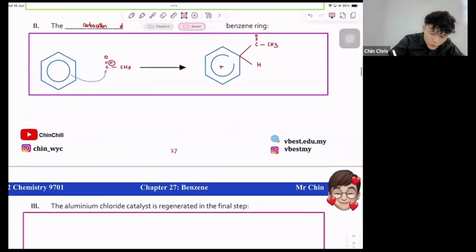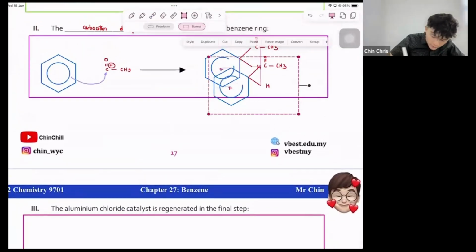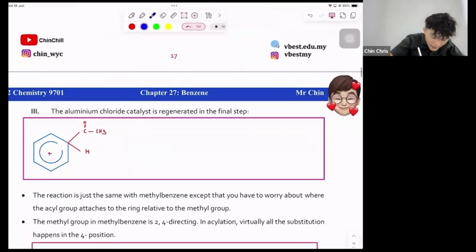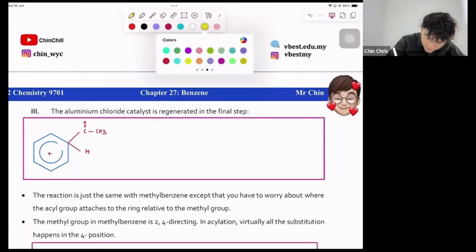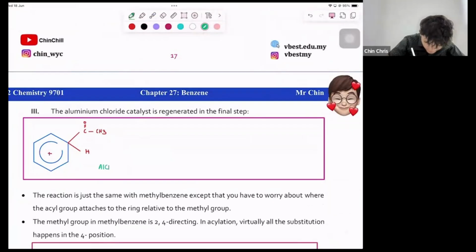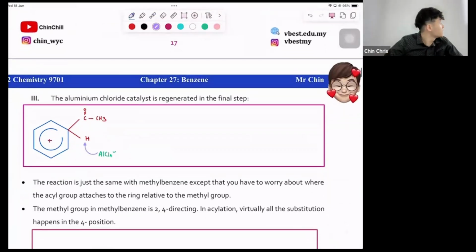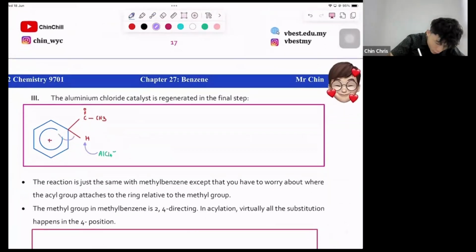To show the catalyst is reformed, instead of just drawing an arrow going back, I'm going to put my AlCl3 here. AlCl4 minus. So the electron is going to go from your AlCl4 minus to hydrogen first, then from hydrogen, go back to the ring again. Understand?